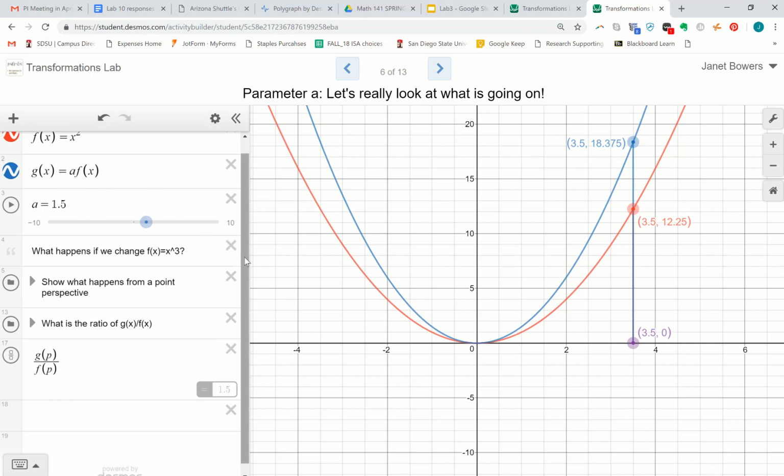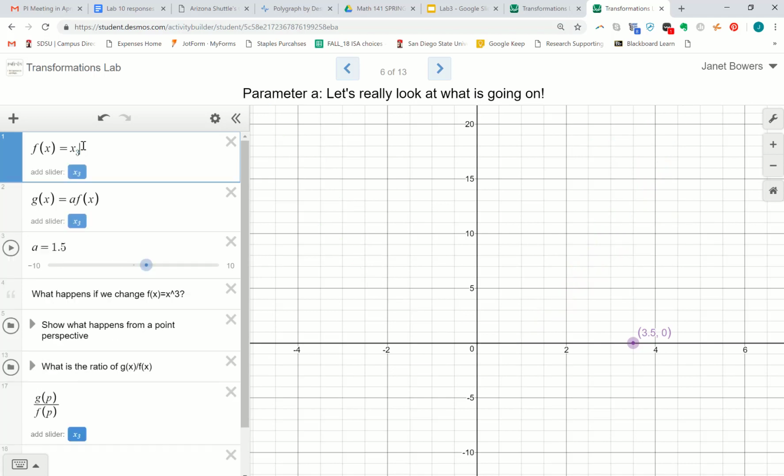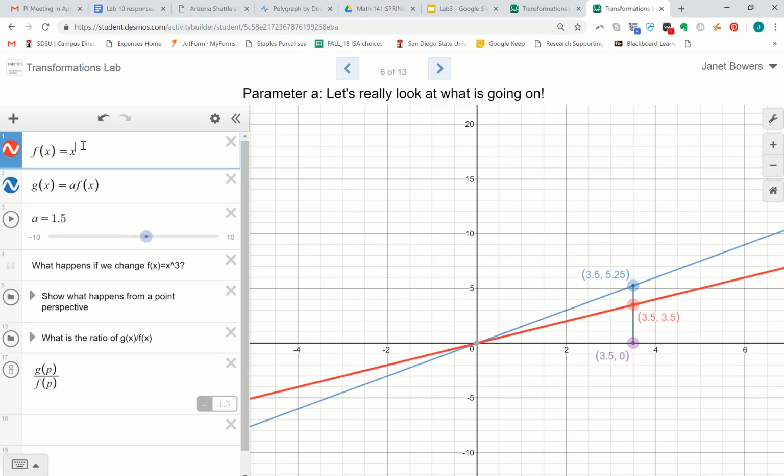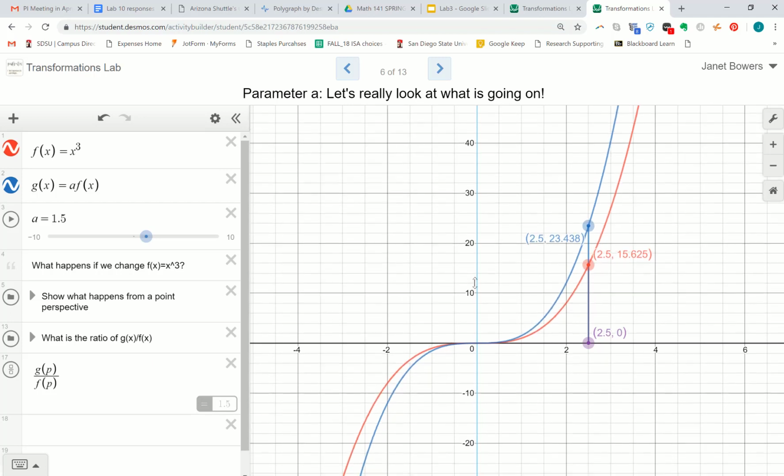All right, and the same thing is going to happen if we change this, for example, to x cubed. Oops, not x to the third. There we go, x cubed. Okay, it's going to go quicker. You can change the scale here, just hit the shift key and bring that down. But you can just look at the ratio between any of these 2 points at g of p.